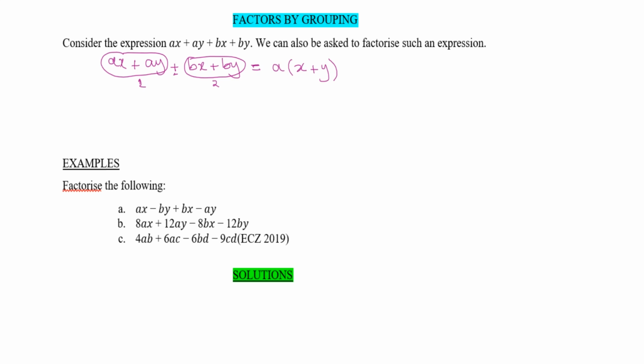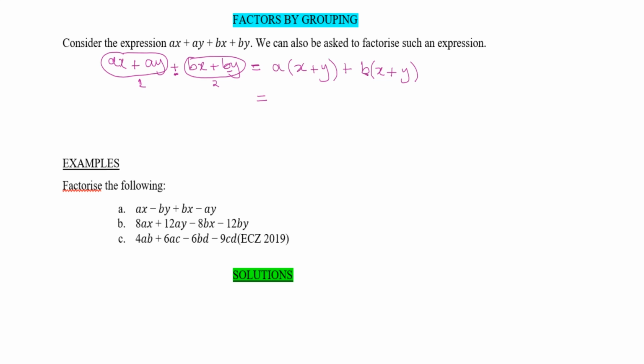There is a sign there which is a plus, so write plus. Then between bx and by the common factor is b. Then we open the brackets, applying factorization. We'll say b into bx will just give us x, plus b into by will give us y. From there we are not going to end there. We'll look at what is in the brackets.